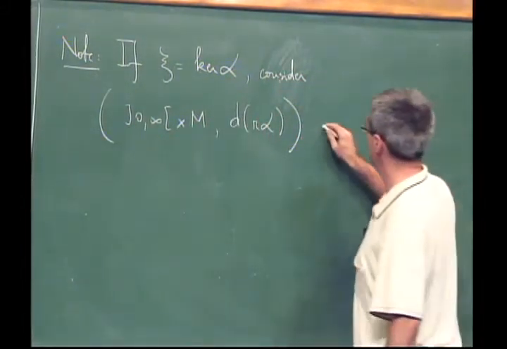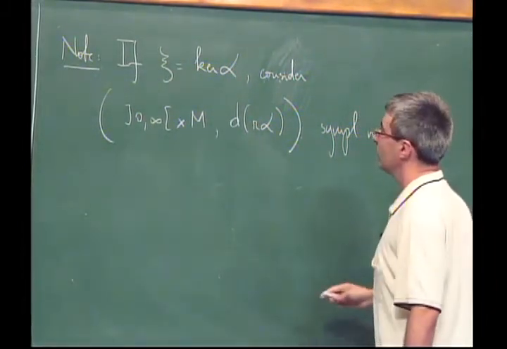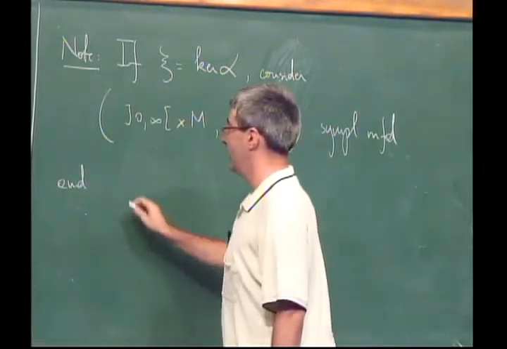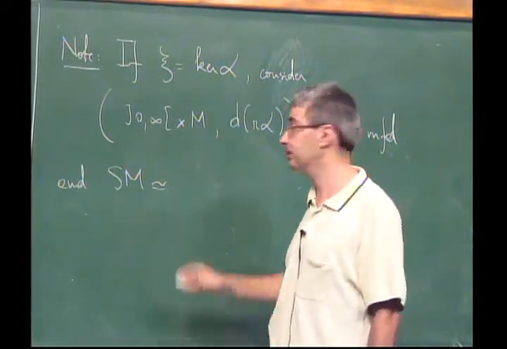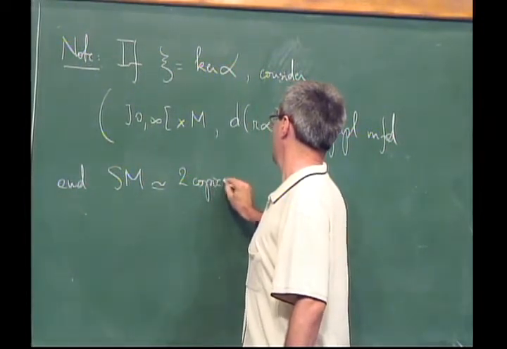This is a symplectic manifold. And SM, if you wish, is symplectomorphic to two copies of this.